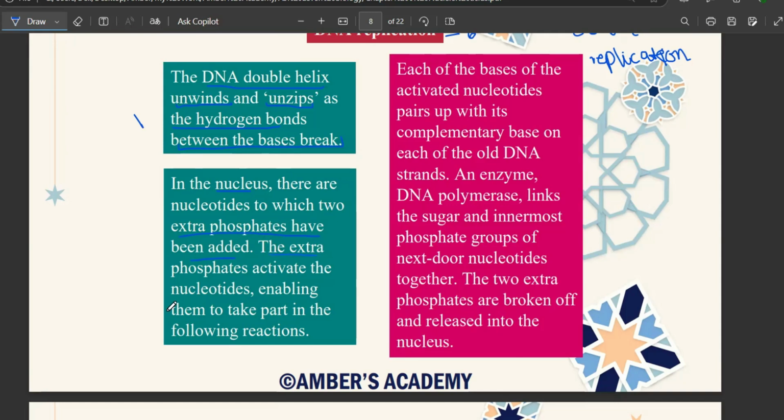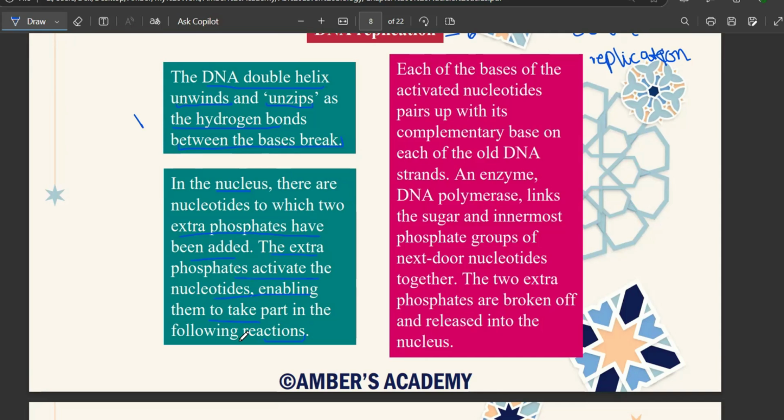So the extra phosphates activate the nucleotide, enabling them to take part in the following reactions. So now you can understand why these phosphates have been added. These phosphates have been added to the nucleotide to provide energy, because lots of energy is required when any process like replication is going to take place. Okay? So lots of energy is required. This is exactly why the process of phosphorylation, meaning the addition of phosphates.